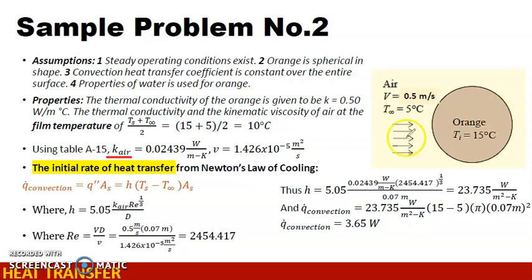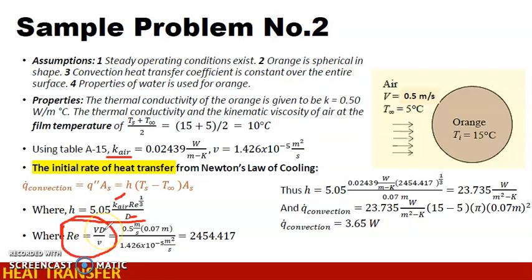So from the given, h is 5.05 K air Re to the power of 1/3 over D. Because K is already given, we don't solve that anymore. D is the diameter of the orange. That's also given, 0.07 meter. And then the Reynolds number. So our general formula for finding the Reynolds number is VD over ν.